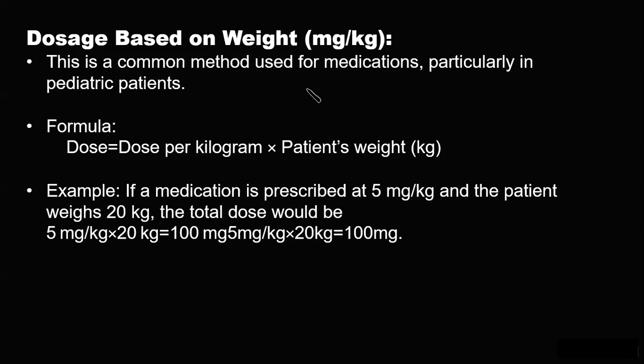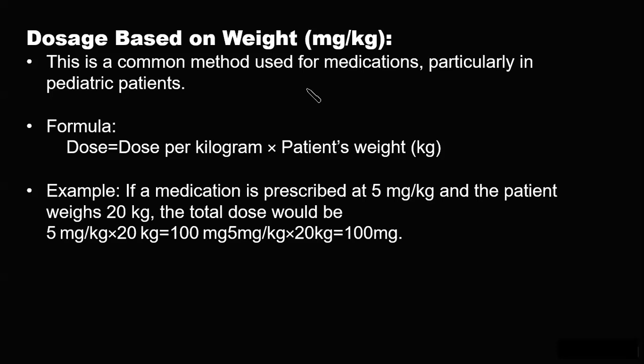You understand? But if in this case that the person is 20 kg, when you multiply the milligrams you are supposed to give to the person times the weight of the person, that's where weight comes into it when we are talking about dosage. At the end of the day, the person is going to end up taking 100 milligrams total dose. I don't know if that's your question, if I got it right.